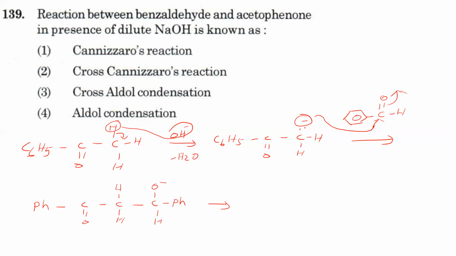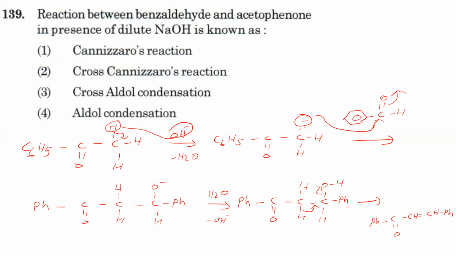Then this O minus takes H plus from water, so water becomes OH minus and leaves. So we will get PhC double bond O, CH2, then the O minus becomes OH and Ph. Then water leaves from this. So what compound are we getting here? PhC double bond O, CH double bond CH, Ph.